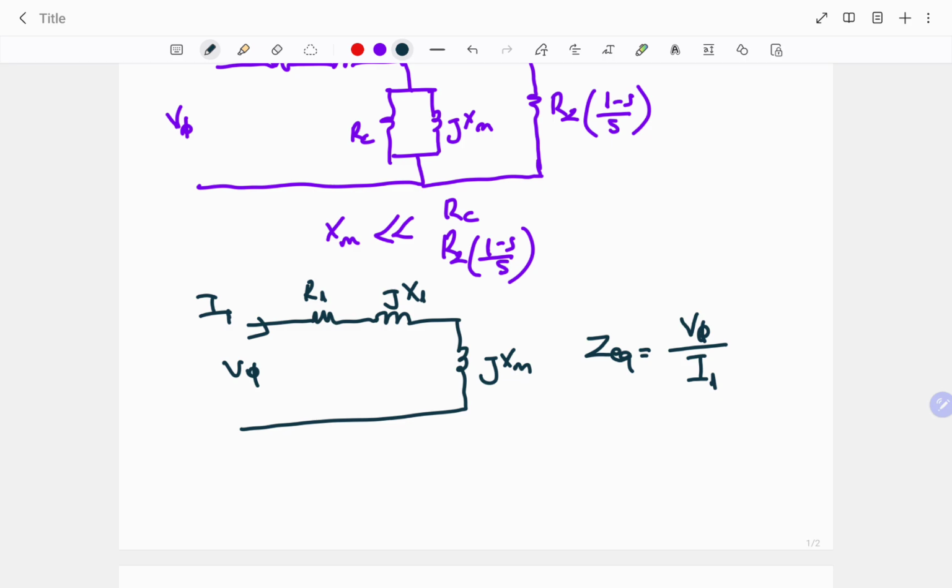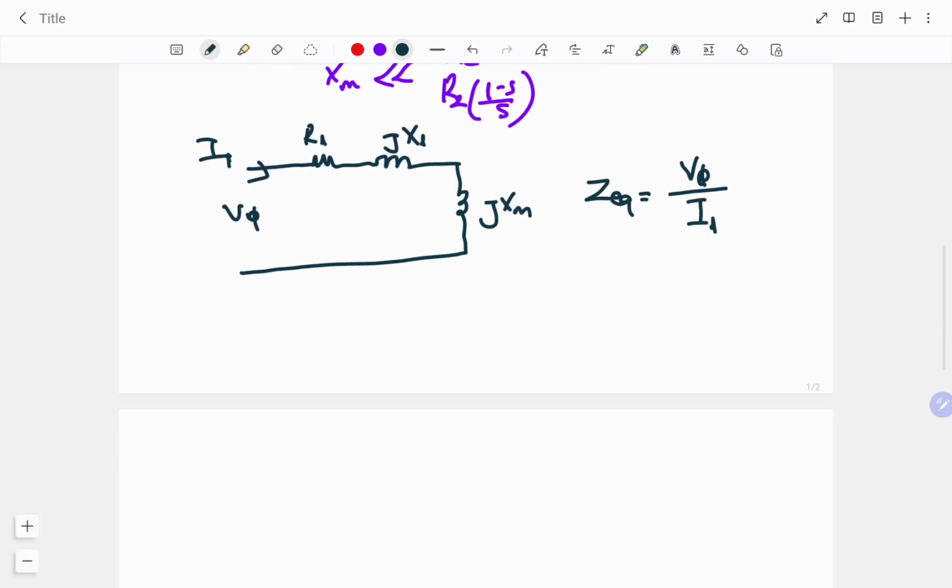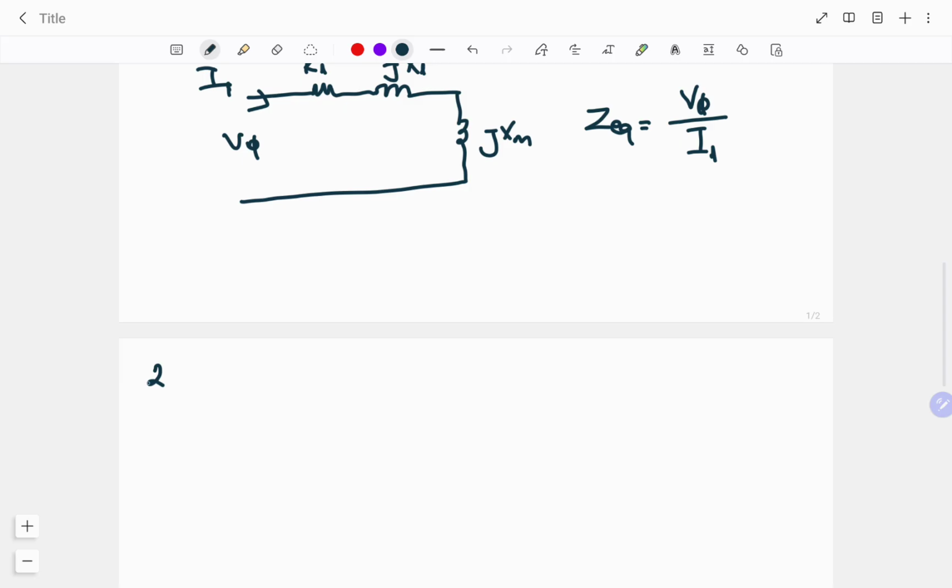Okay, so the second test to determine the equivalent circuit parameters is the DC test. For the DC test, we have only the DC input voltage applied to the circuit.